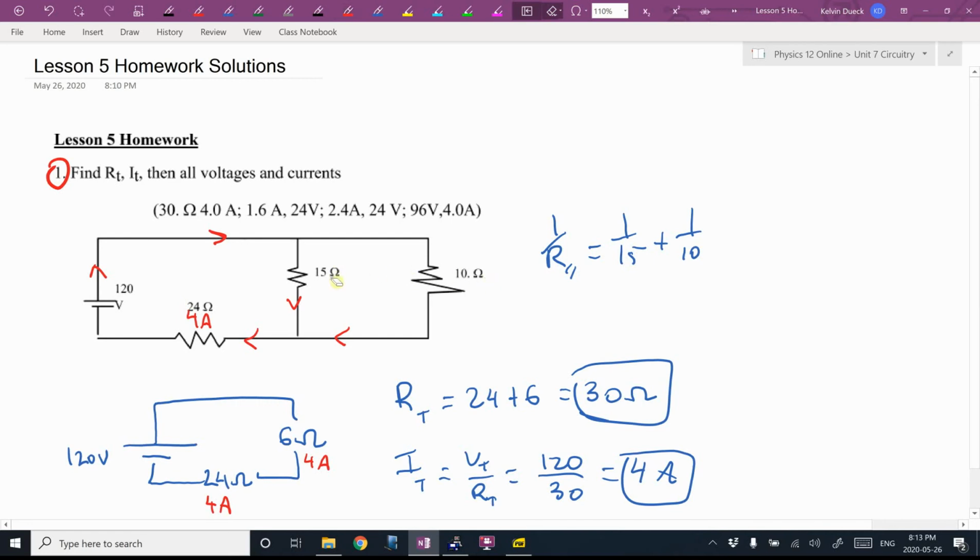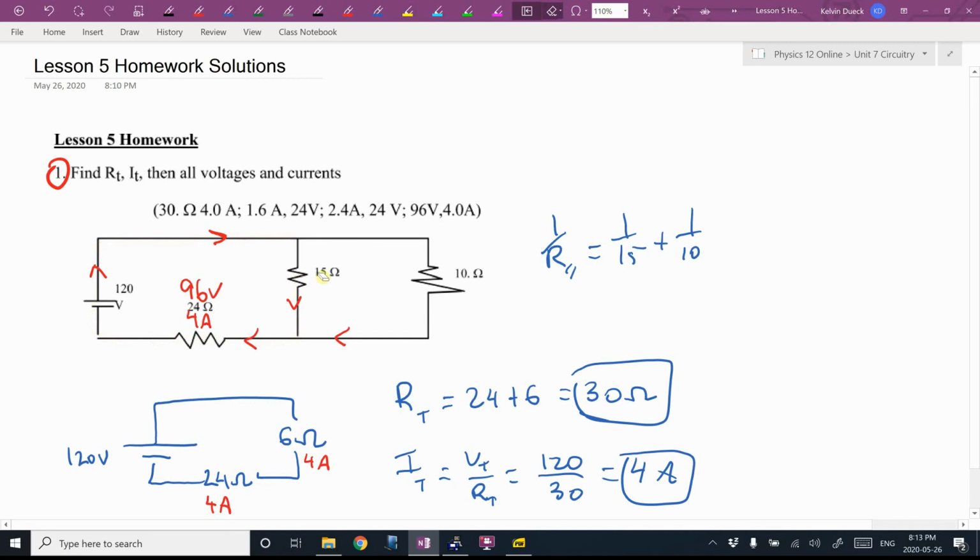It's splitting up, and I could be clever and use ratios, but I'm not going to worry about it because I can tell you the voltage here. If I go I times R, it's going to be 4 times 24, which is definitely 96 volts. And now I'm going to ski. Start with 120 volts, whee, and then use up 96 volts.